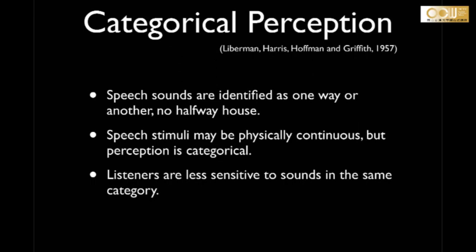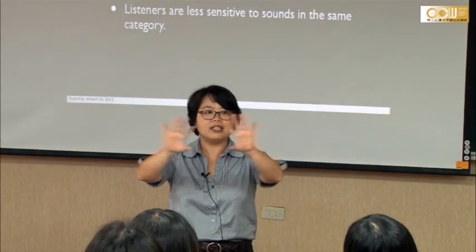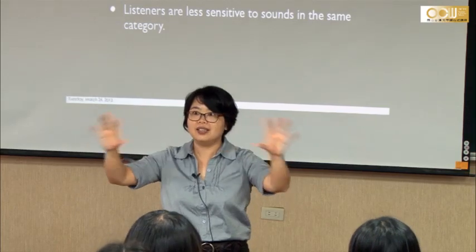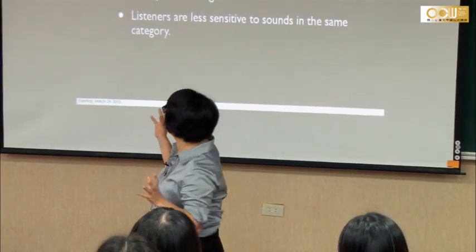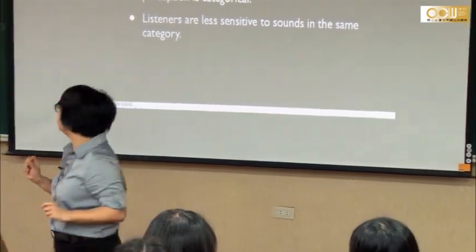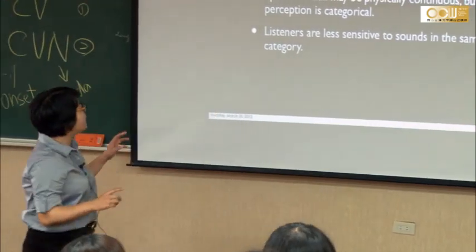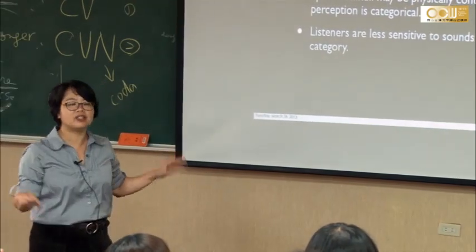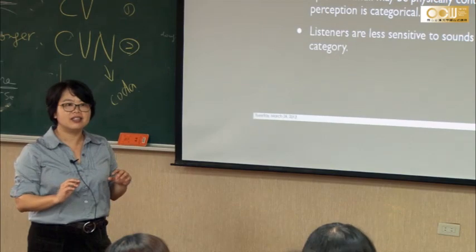And speech sounds work the same way, because in Mandarin or even in English, there are only two ba-pa kinds of sounds. So your perceptual system wants to categorize in two ways, and you're willing to sacrifice the differences. So speech sounds are identified as one way or another, no halfway. There's nothing halfway.